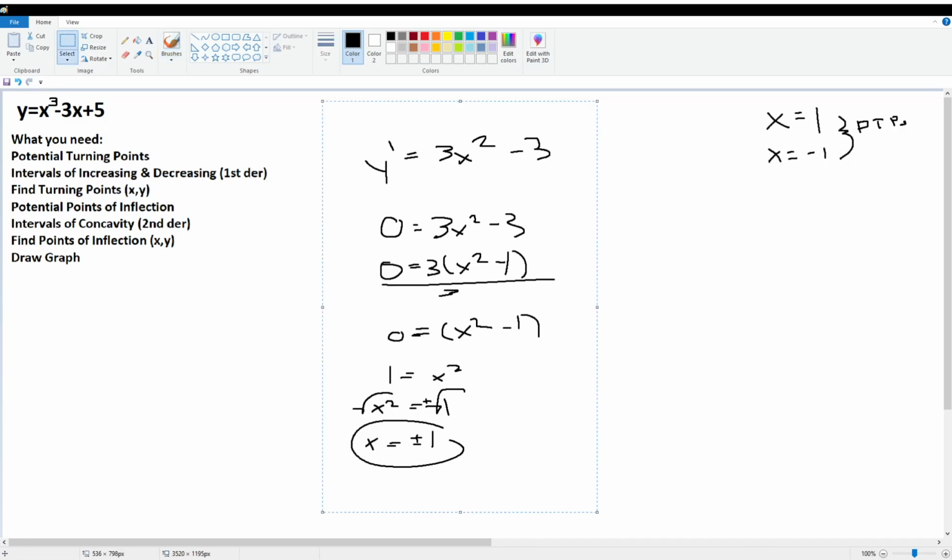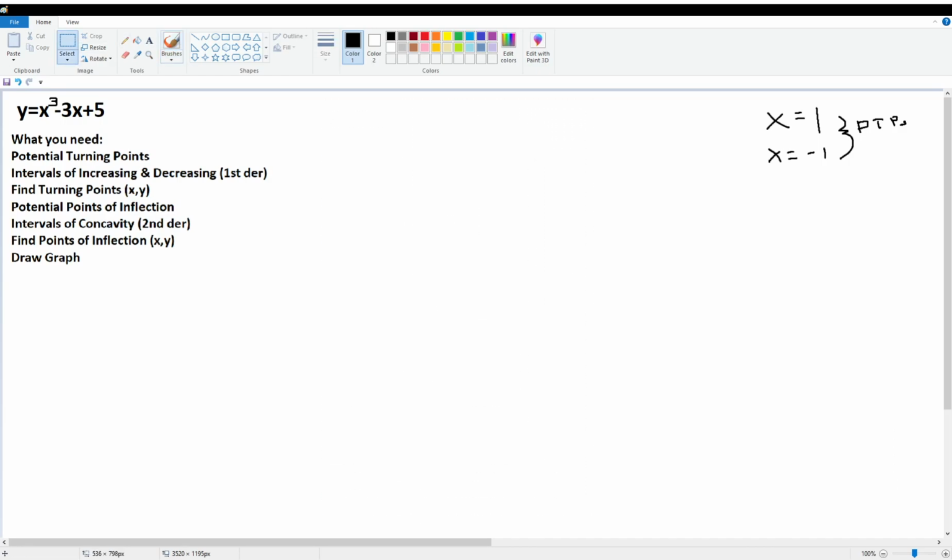So now we're going to use these values to determine if they're actual turning points. And to do that, we're doing something called the first derivative test. So here we have 3 zones, zone 1, zone 2, and zone 3.